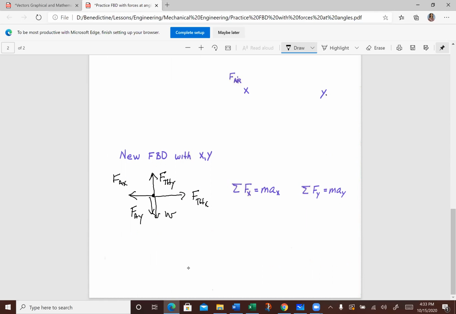So the trick, you're going to do your SOHCAHTOA to find each of the components up here.